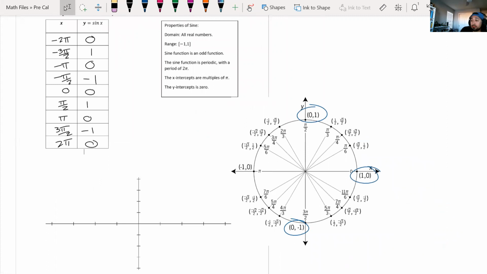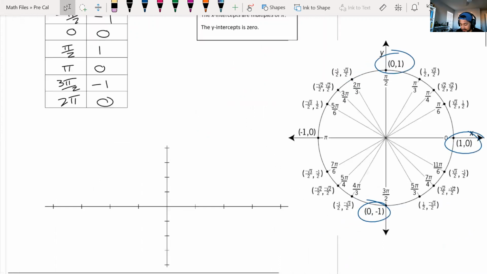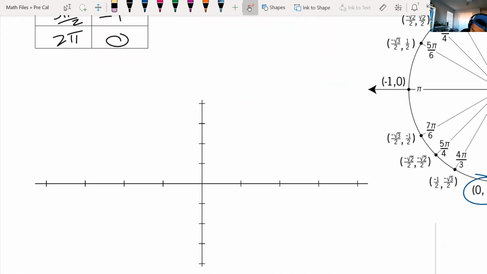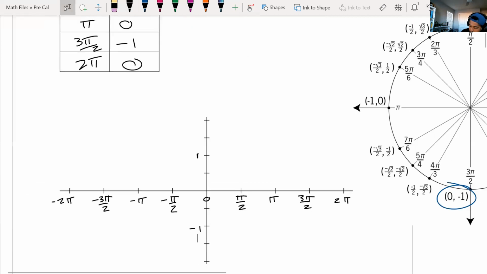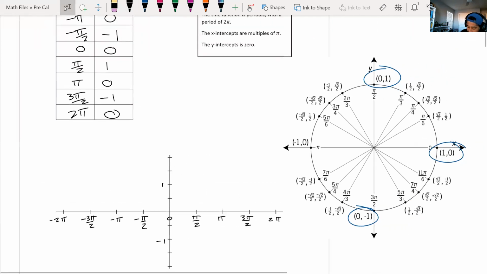Okay, so now let's just go ahead and graph our sine function. So I'm going to label my x-axis, and I'm going to make this -2 pi, -3 pi over 2, -pi, -pi over 2, and 0. And then pi over 2, pi, 3 pi over 2, and 2 pi. And then the highest we go is 1, and the lowest we go is -1. Now let's go ahead and plot the points from the above.